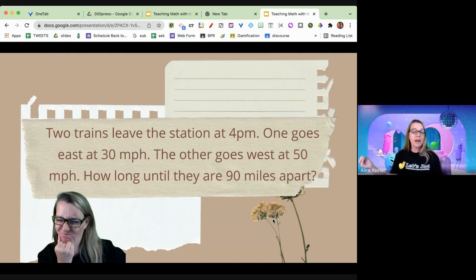And since they're going in opposite directions, in 1 hour, they would get 80 miles apart, but this is more than 80 miles, so it has to be a little bit more than an hour. So that's where I reasoned through it as opposed to just worked it out. Big difference.